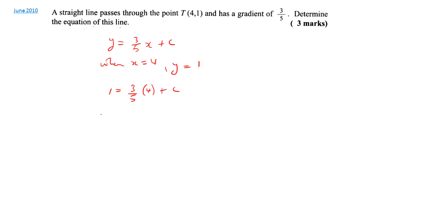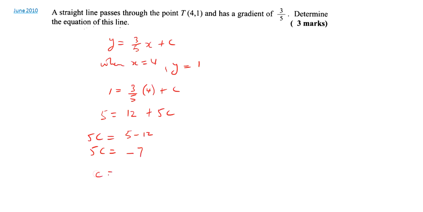And we can multiply everything by 5. So we have 5 is equal to 12 plus 5c. So therefore 5c is equal to 5 minus 12. So 5c is equal to minus 7.